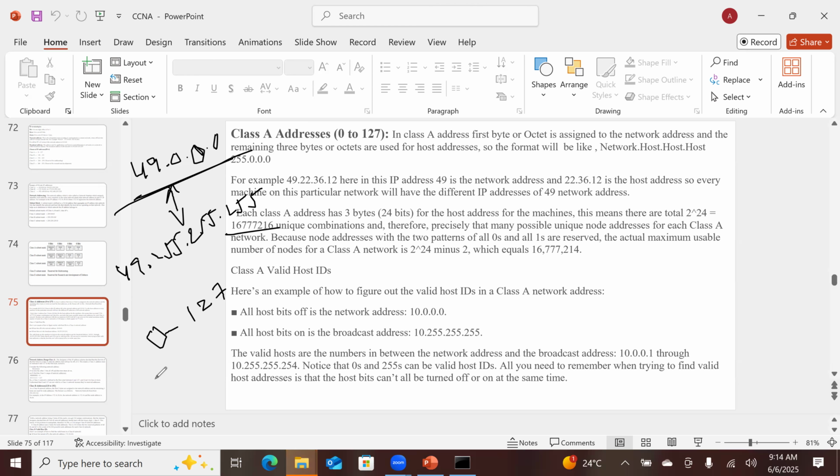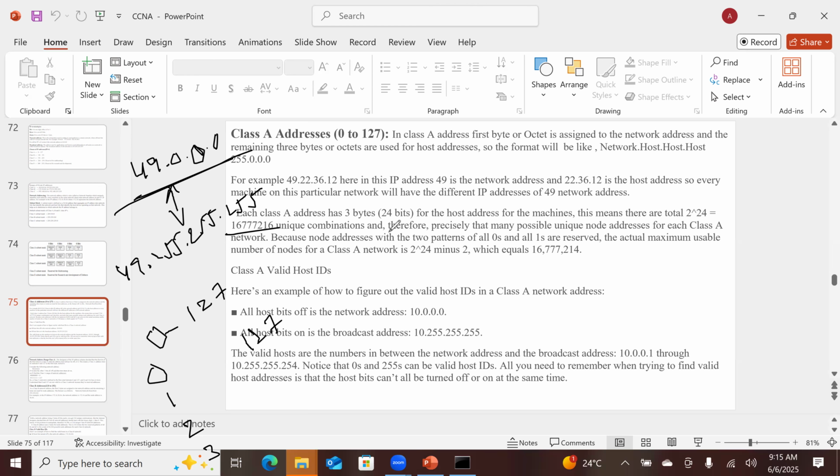So we have network 0, network 1, network 2, network 3, like this up to network 127. Out of these, we have taken only one network address, 49.0.0.0. Inside that, how many IP addresses do we have? 1 crore plus IP addresses. Understood?